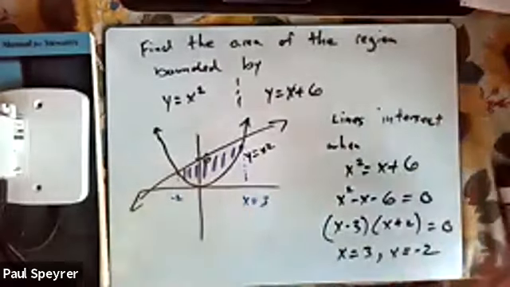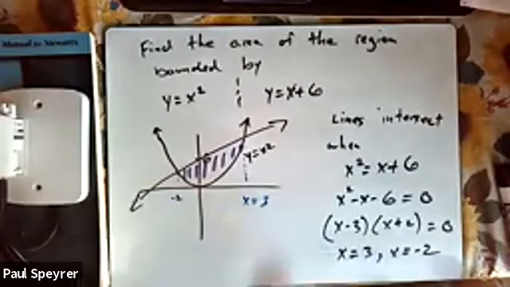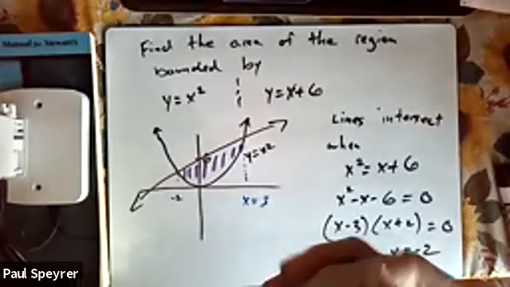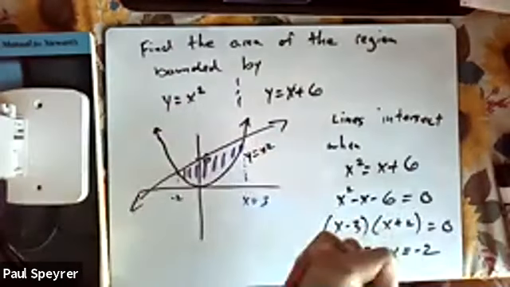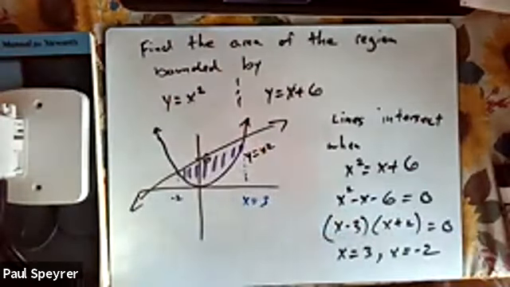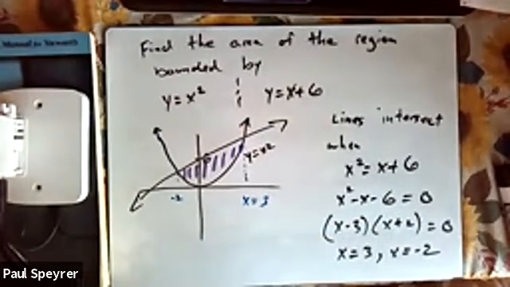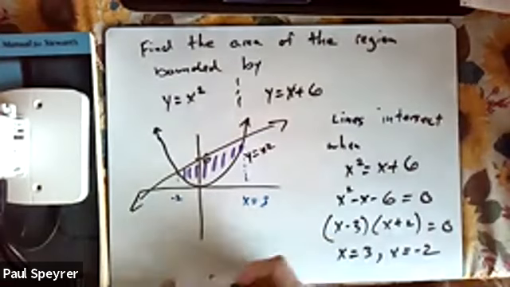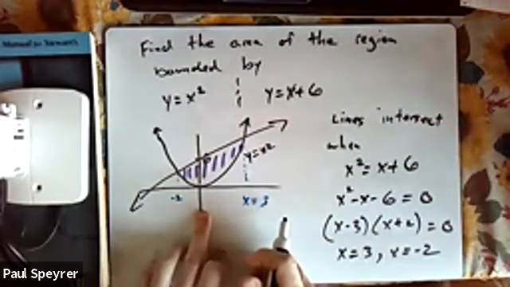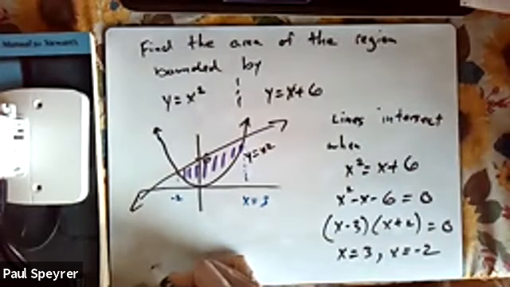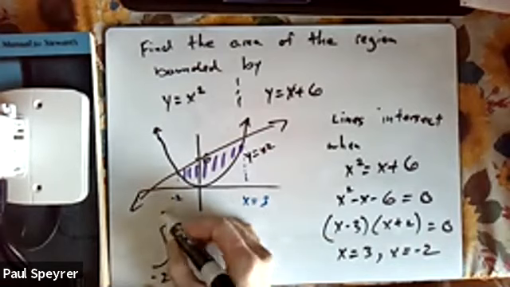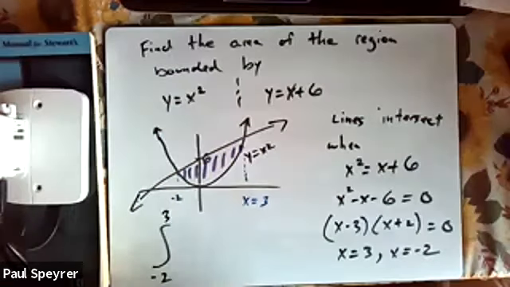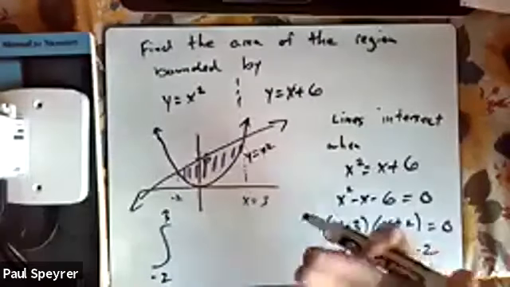Because with this problem, we will be integrating with respect to x. Why? Because we don't have y squared or anything like that, or y cubed or the fourth, or some power other than 1. So now let's figure out our integral. What would our integral look like in this case? Well, we know we're going from negative 2 to 3, and it's the upper curve minus the bottom curve.